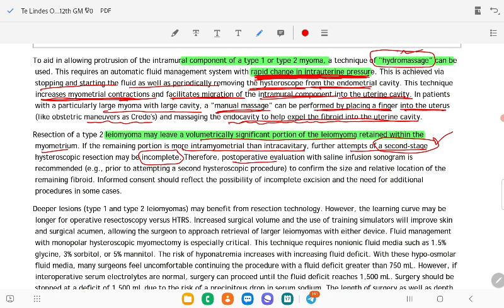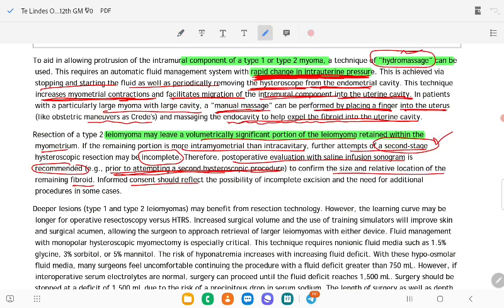Therefore, post-operative evaluation with saline infusion sonography is recommended. Always do a post-operative saline infusion sonogram prior to attempting a second hysteroscopic procedure, to confirm the size and relative location of the remaining fibroid. Informed consent should include the possibility of incomplete excision and the need for an additional procedure.